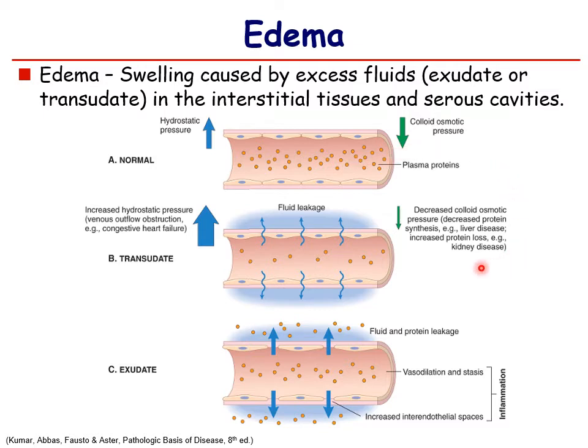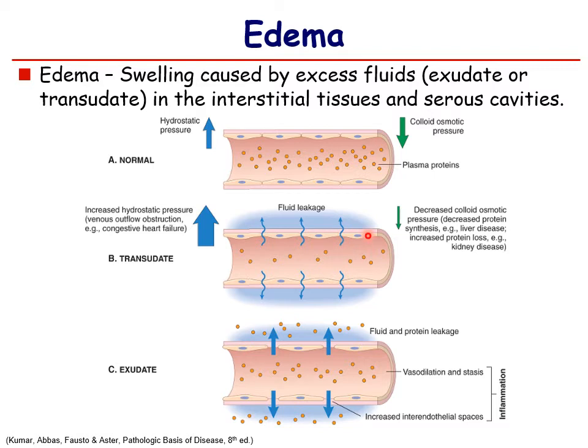In another situation where there is a change in these hydrostatic and osmotic pressure, there is a leakage of the fluid from the blood vessel into the tissue through the gap junction between vascular endothelial cells.